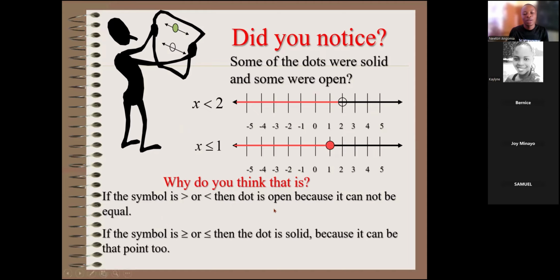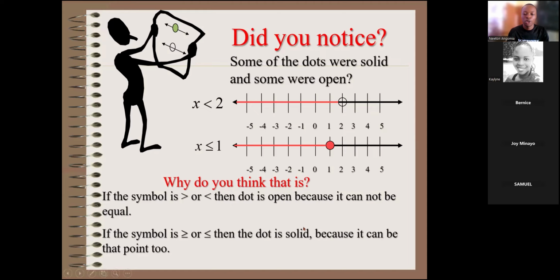So what do you think? If the symbol is greater than or less than, then the dot is supposed to be open because that particular value is not included. That particular value cannot be equal to the quantity you are representing. But if it is dotted, then it means that particular value is also going to be a value your quantity can take.